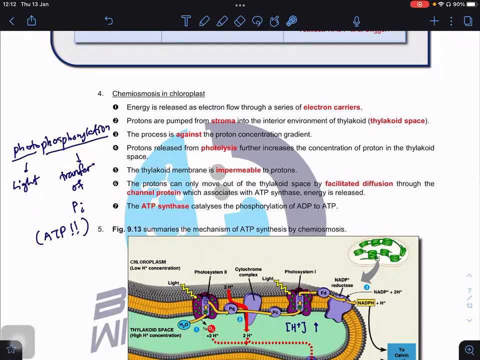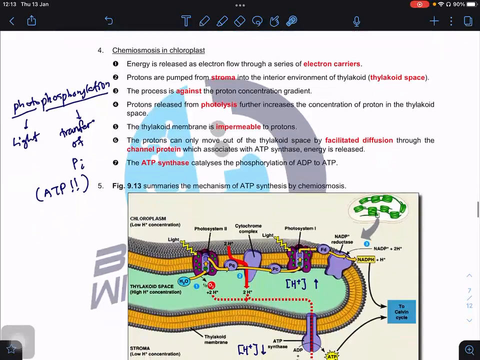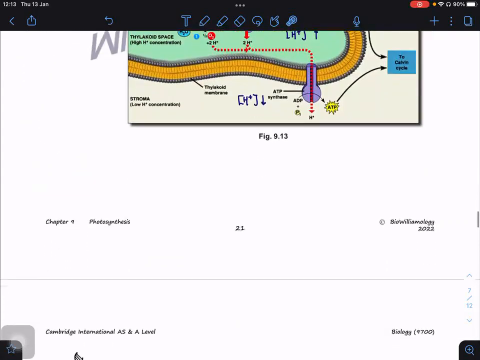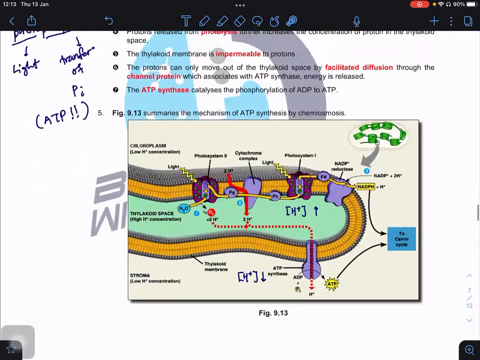ATP synthase catalyzes the phosphorylation of ADP to ATP. Both cyclic and non-cyclic photophosphorylation use this method, so ATP is produced. The process is termed photophosphorylation. Okay, with this, I'm done with chemiosmosis.